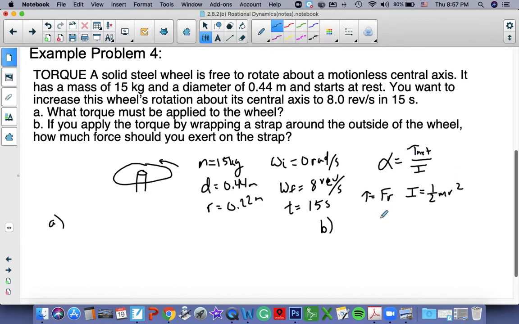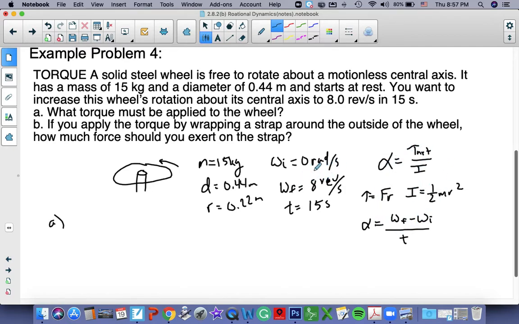And then our angular acceleration, if you remember that one, that is equal to final minus initial angular velocity over time. So what can we solve over here?